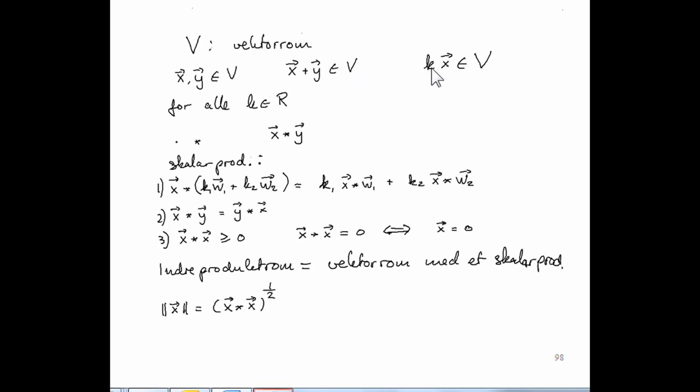Moreover, if we multiply a real constant with an arbitrary vector x, we obtain a new element in this vector space V. So that's the definition of a vector space.